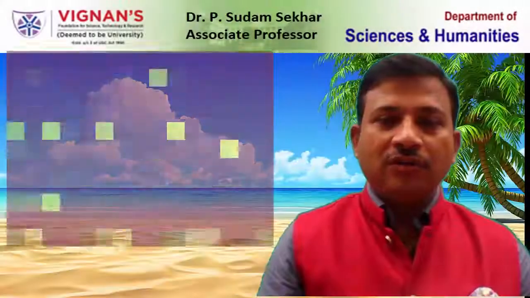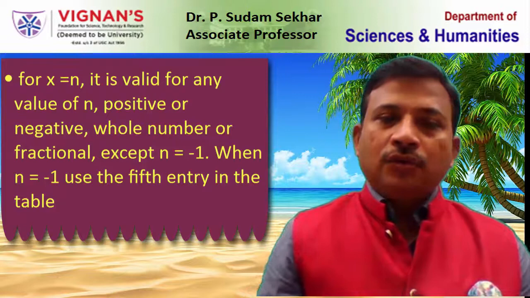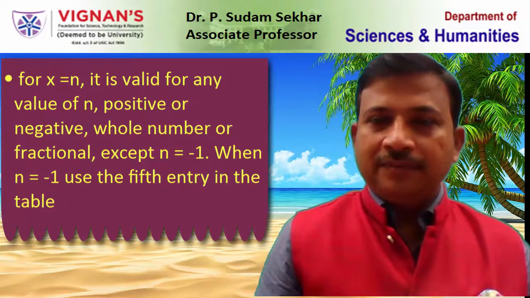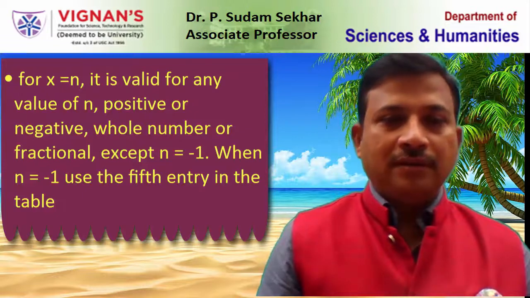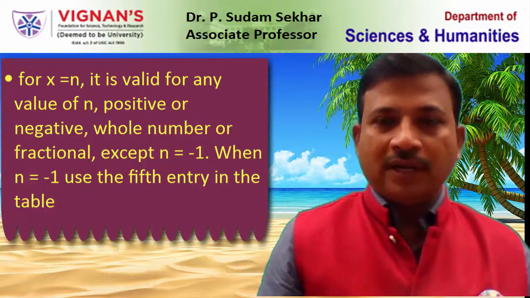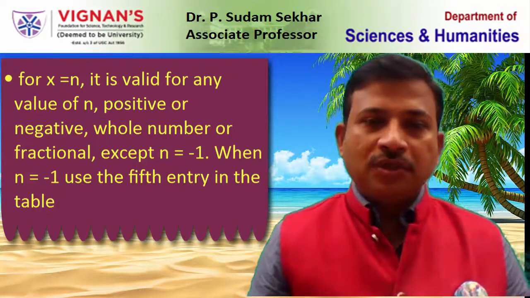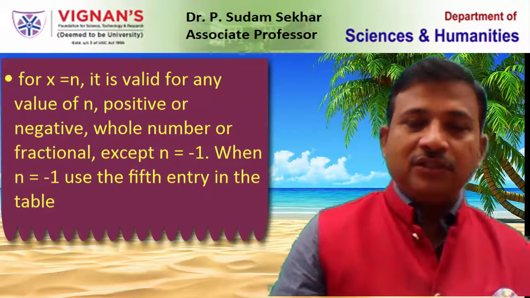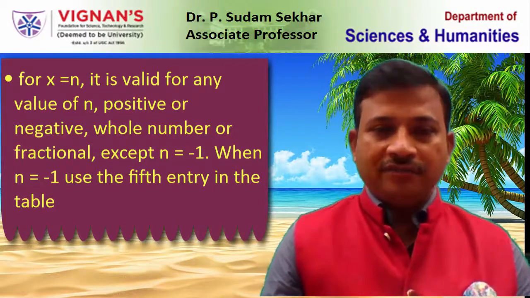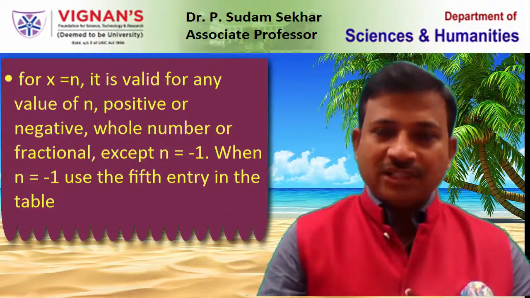Why have I written n is not equal to minus 1? See, note that this formula is valid for any value of n, maybe positive or negative or whole number or fraction, except n equal to minus 1. Because when you put n equal to minus 1, the denominator will be 0. Something divided by 0 is undefined. That is why n equal to minus 1 has been excluded.